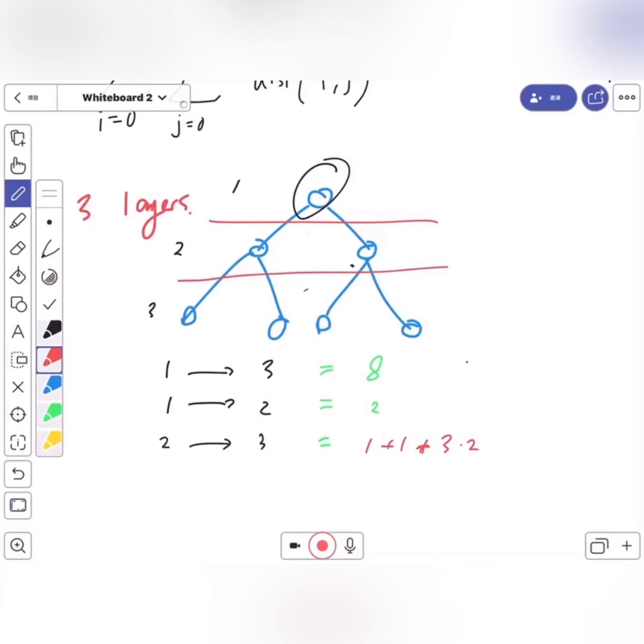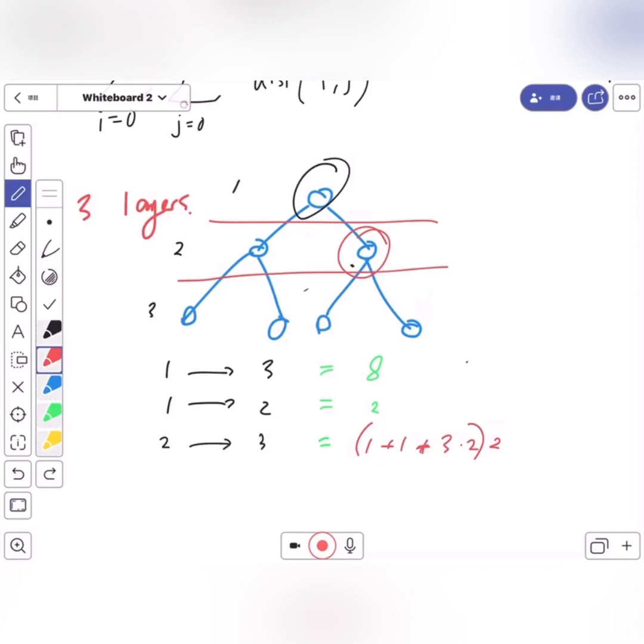Now 1 plus 1 plus 3 times 2, and then we also have to multiply by 2 because it's also the same way if we want to go from this knot to any of these two. There will also be 3 steps. This seems to be pretty interesting, isn't it?